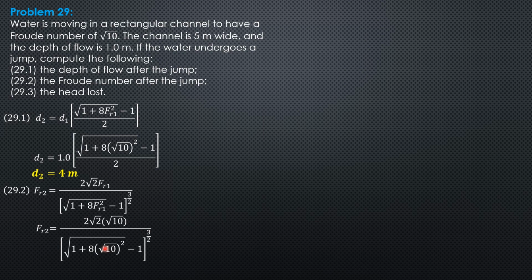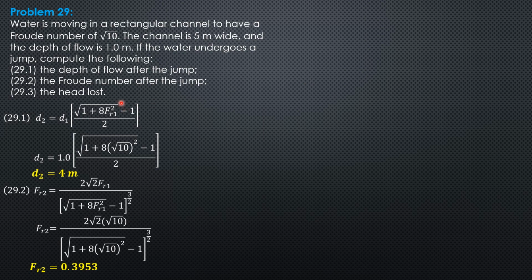So the denominator is 8. So 2 square root of 2 square root of 10, divided by 8 to the 3 halves. So FR2 is 0.3953. So this is the upper stage, subcritical flow from supercritical flow. A jump can occur.